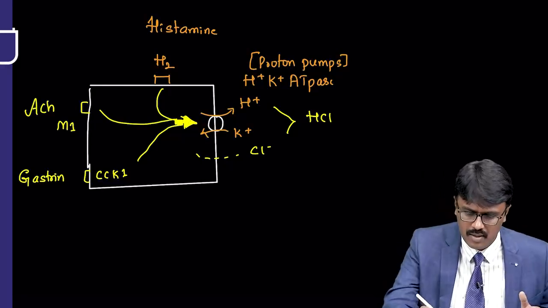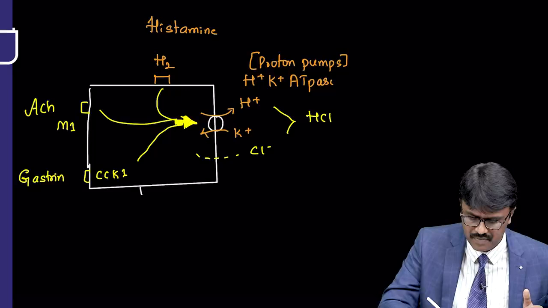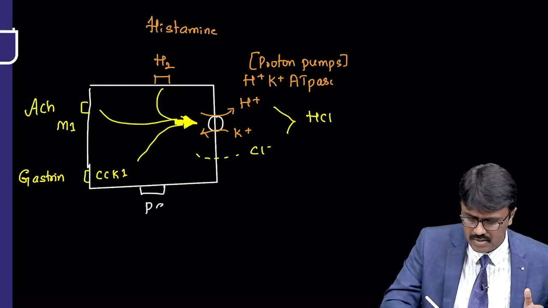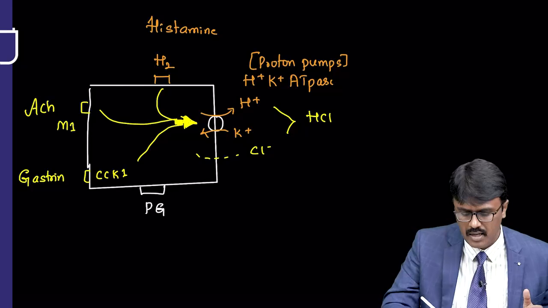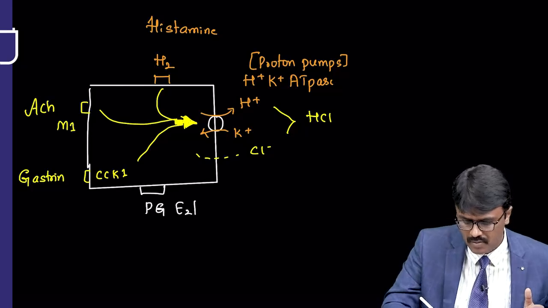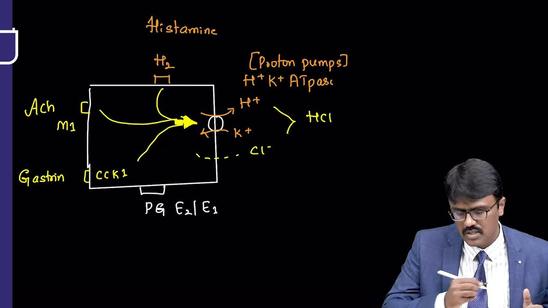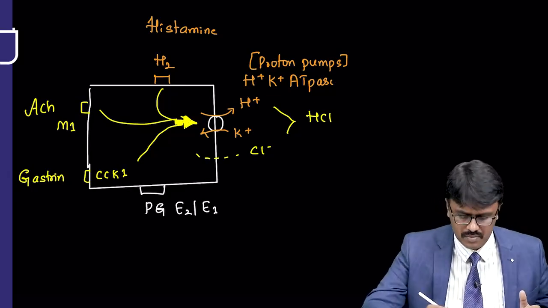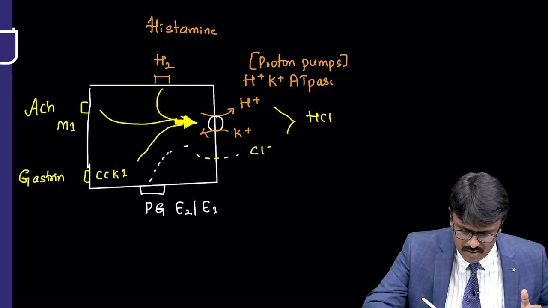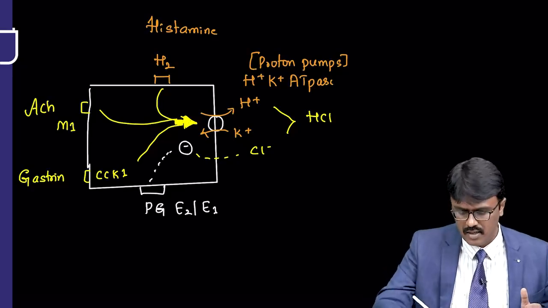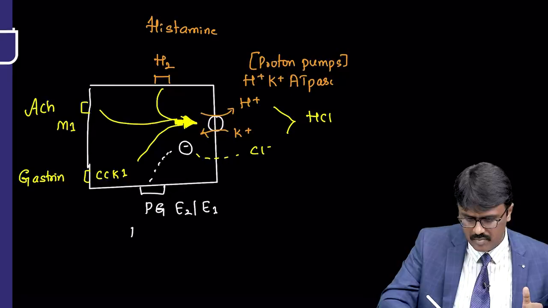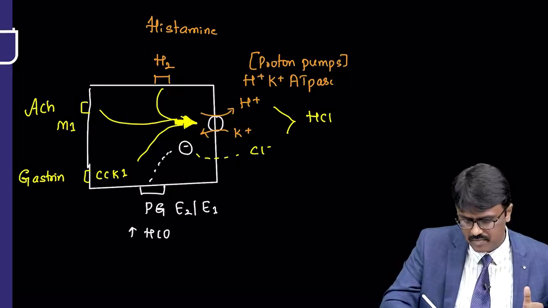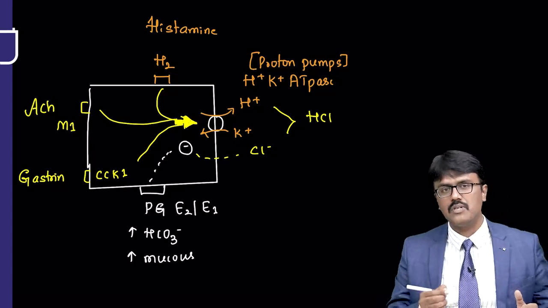But who is the only opposition for this? That is the prostaglandin, of which we have the subtypes E2 and E1. These prostaglandins are going to block the HCl production. Not only that, they increase the bicarbonate, they increase the mucus, and they increase the mucosal blood flow.